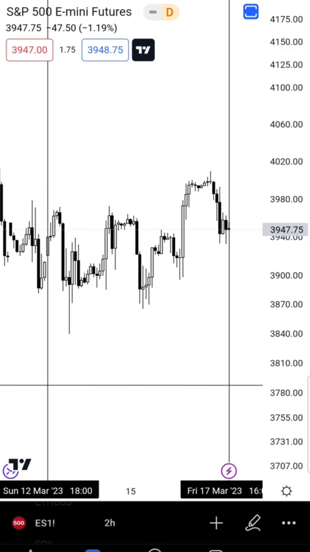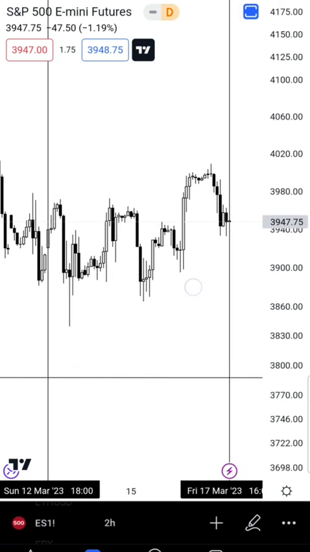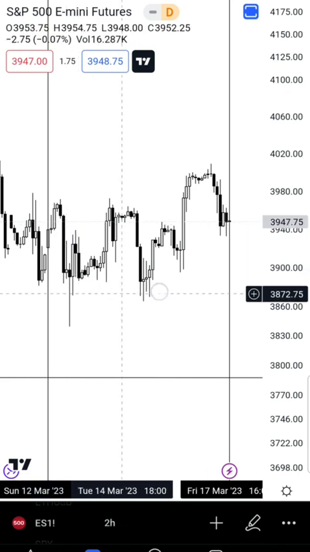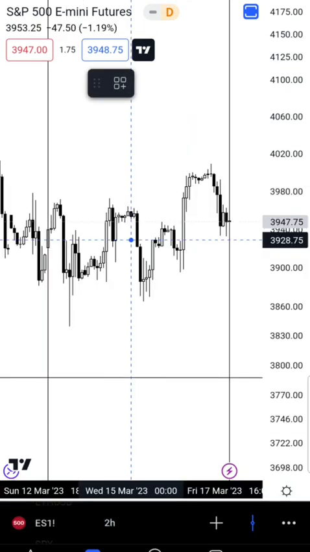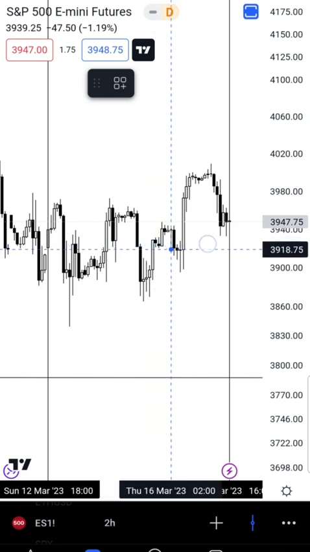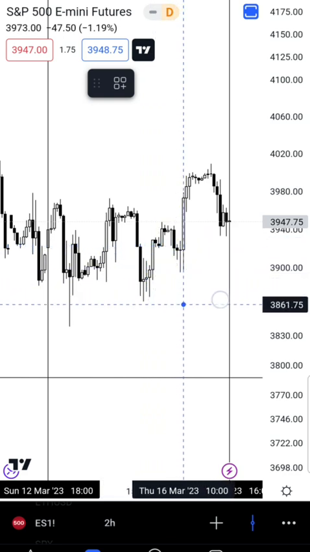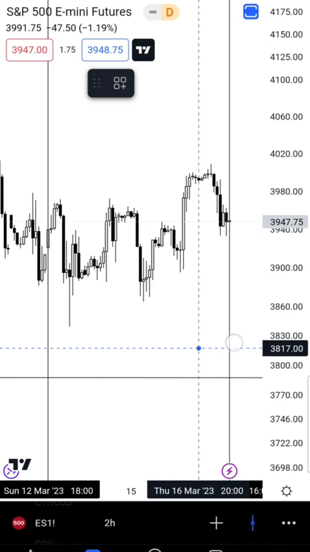Now, this specific trade was taken at the end of the week on a Friday. So we're going to ignore all of this for the moment, and we're going to focus on the end of the week, which is Friday. So we mark the midnight price of Friday.